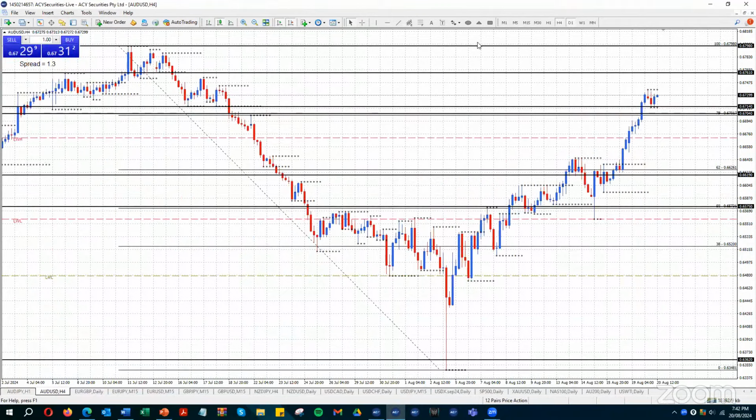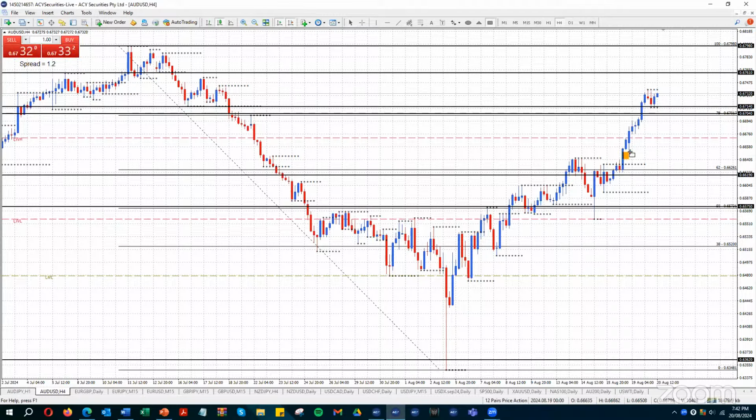On the 4-hour chart, just looking at the imbalances, the last imbalance was here, which you can see we've come into to fill. So it looks like all the imbalances are done. Once the imbalances are done, don't be surprised to see price turn around, because there will be some imbalances now on the downside.